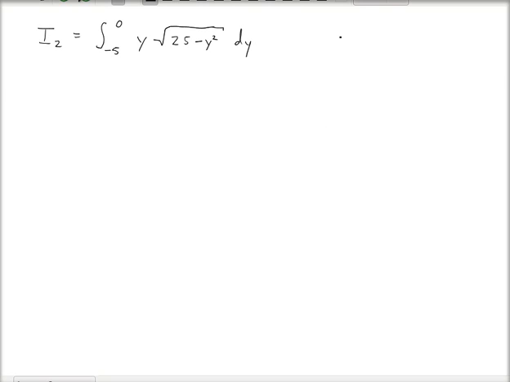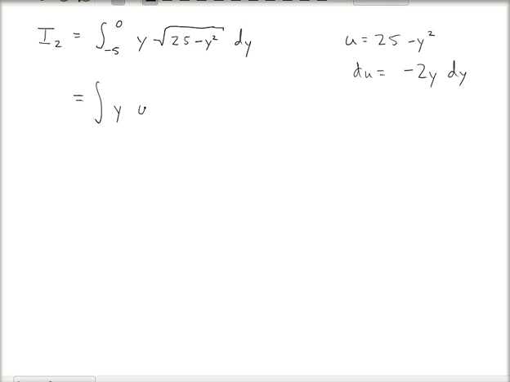Now let's look at the second integral, and this one's going to be a lot faster. So for this one, I'm just going to use a u substitution, and my u is going to be equal to 25 minus y squared, which means that du is equal to -2y dy. So let's substitute in. I'm going to leave off my bounds again, so I've got y, and this is just u.